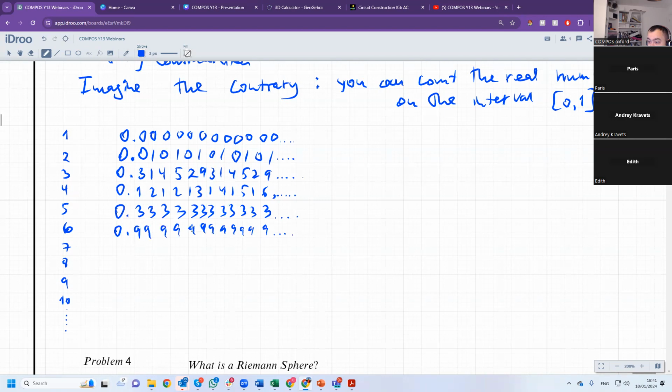Are irrational numbers just not well defined, which is why they're uncountable? Well, no, they're pretty well defined. Irrational numbers are real numbers that are not rational. That's the difference. Rational numbers can be written as fractions. Irrational numbers are those that cannot be written as a fraction.